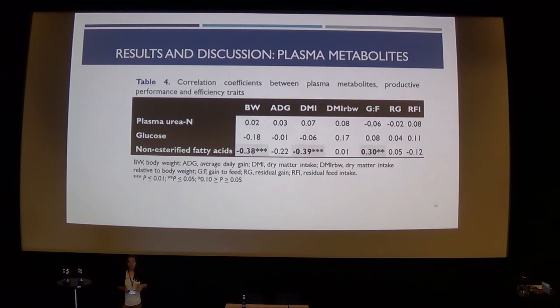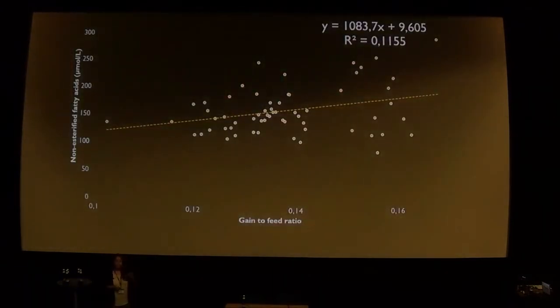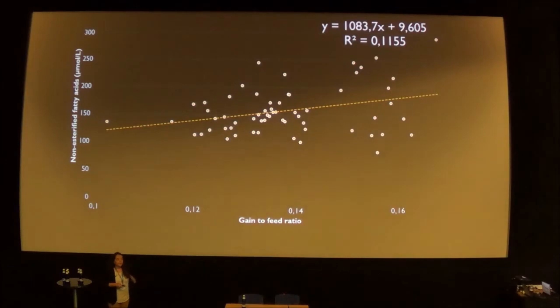For plasma metabolites, we found a negative association between non-esterified fatty acids with body weight and dry matter intake. Again, those relationships are following the results that we have in the previous literature, and interestingly, we found a positive association with NEFAs and gain of feed. And once again, once we plot those results, we can see that potentially animals that gained more possessed a higher concentration of NEFA.